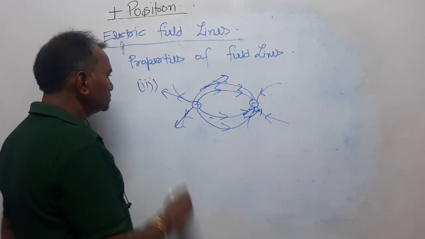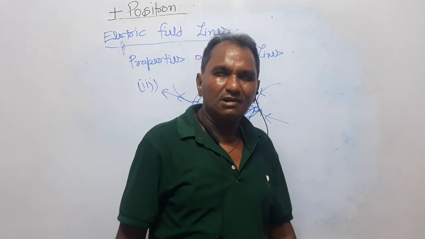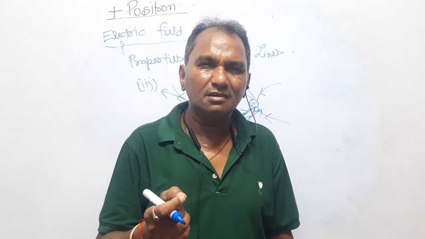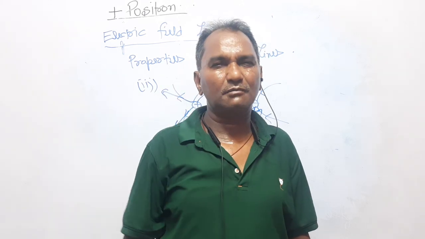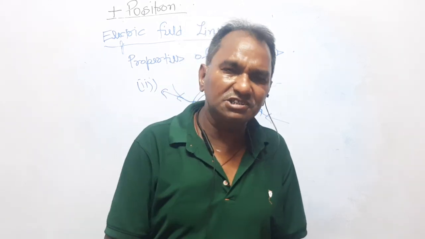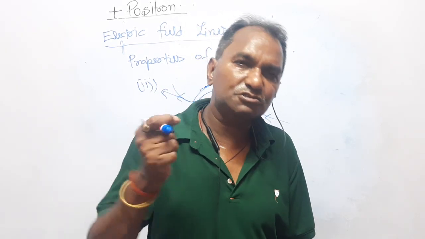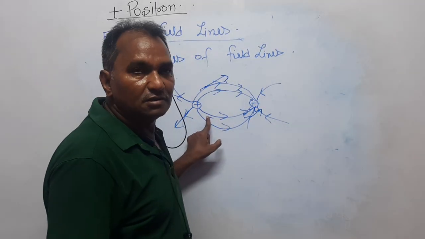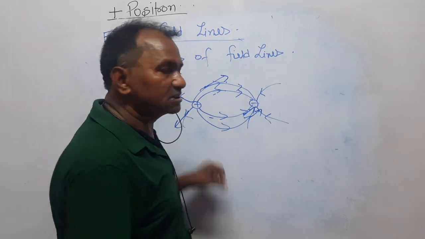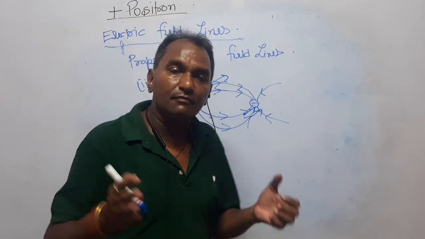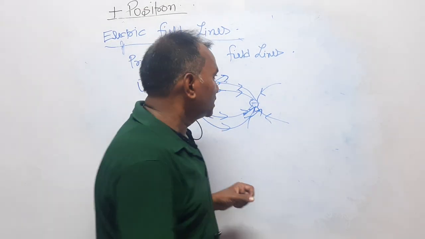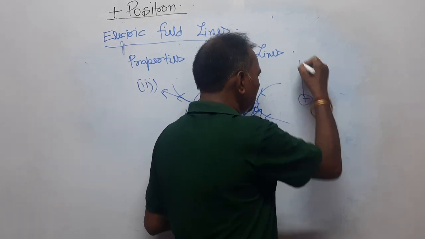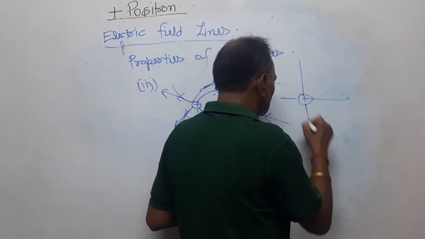The second property is that the number of field lines per unit area represents the strength, the intensity of the electric field. Close to the charges, you will see the field lines are very close. If you consider an isolated positive test charge, field lines will be like this.